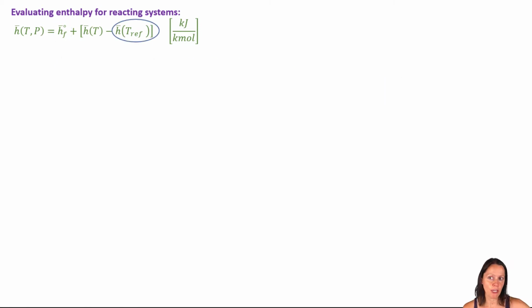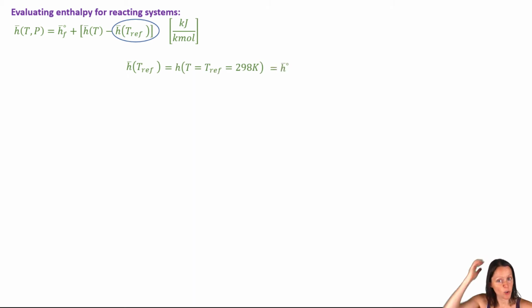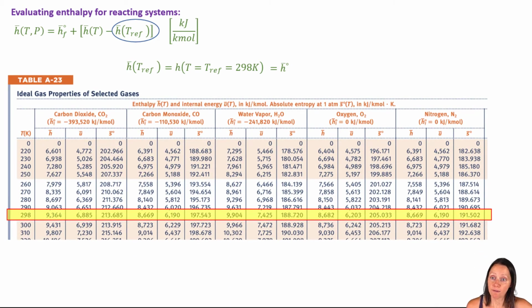All right, now we're looking at the H bar at T ref. So this is the H bar evaluated at 298 Kelvin, the standard reference temperature. And I can also shorthand this as H naught bar, okay, instead of writing it with T ref, with just the understanding that it's evaluated at 298. So I can find these for various gases in table A23.